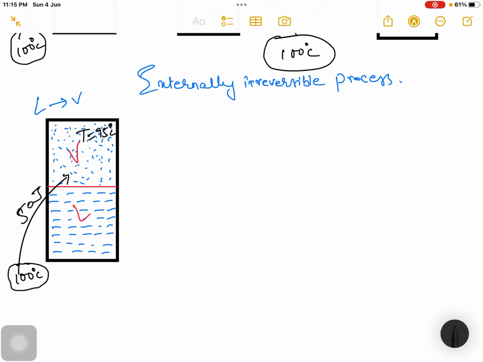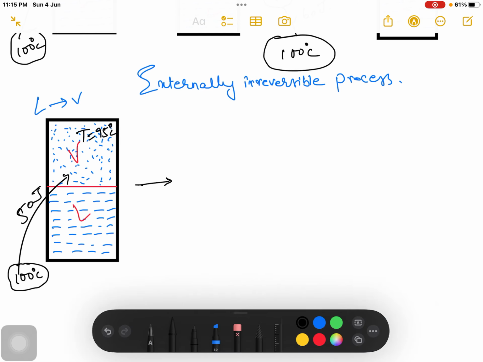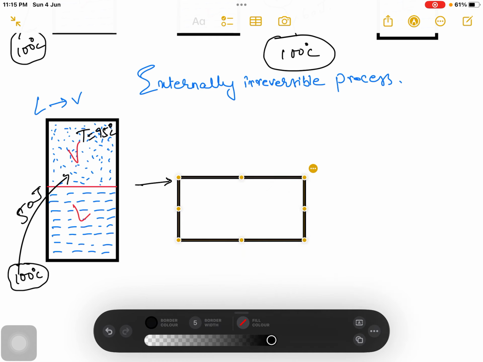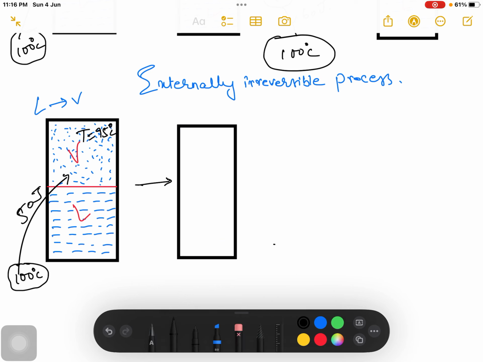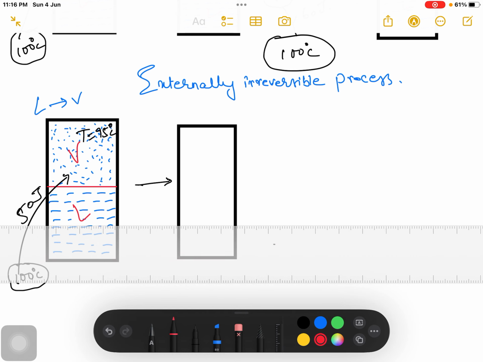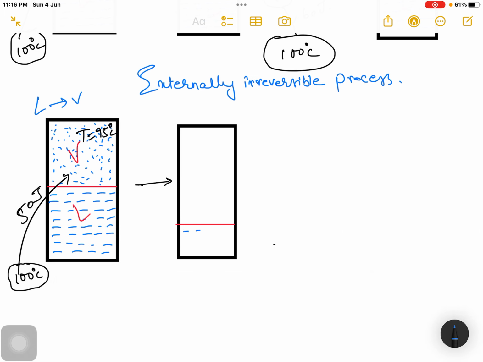Again, it is going to convert, and the level of vapor increases. This is vapor and this is liquid.